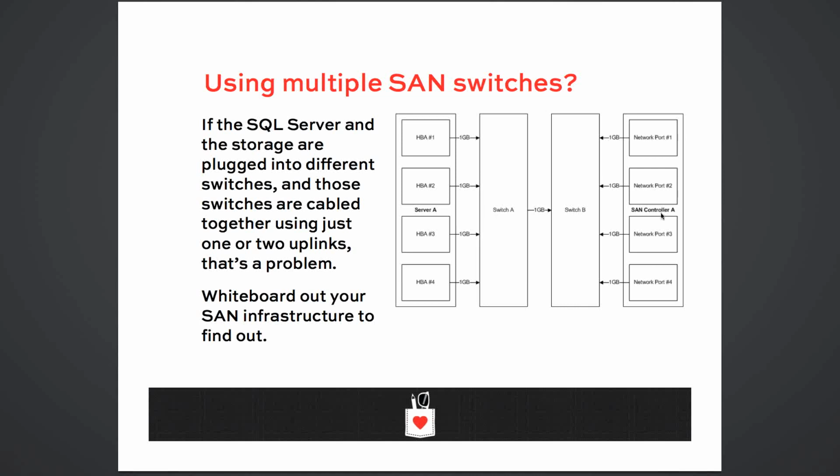Over on the other end, my storage processor or SAN controller also has 4 network ports, all of which are plugged into a different switch. But these 2 network switches are only connected together by a single cable. Guess how much throughput I'm going to get? Not a whole heck of a lot. I'm going to get bottlenecked by this one individual cable going between these 2 switches.